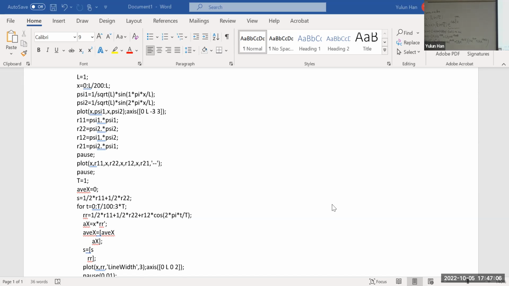Right, this is our probability density. Let's multiply each term. No, I squared is negative.